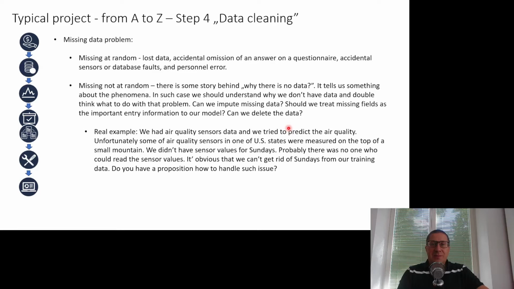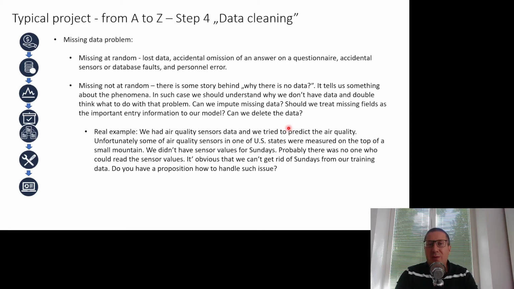On the other hand, we can have problems with missing values that are not random. But of course we have to check if they exist, not at random. Because if there really is some pattern of why the data is missing, this pattern expresses some story behind why there is no data.